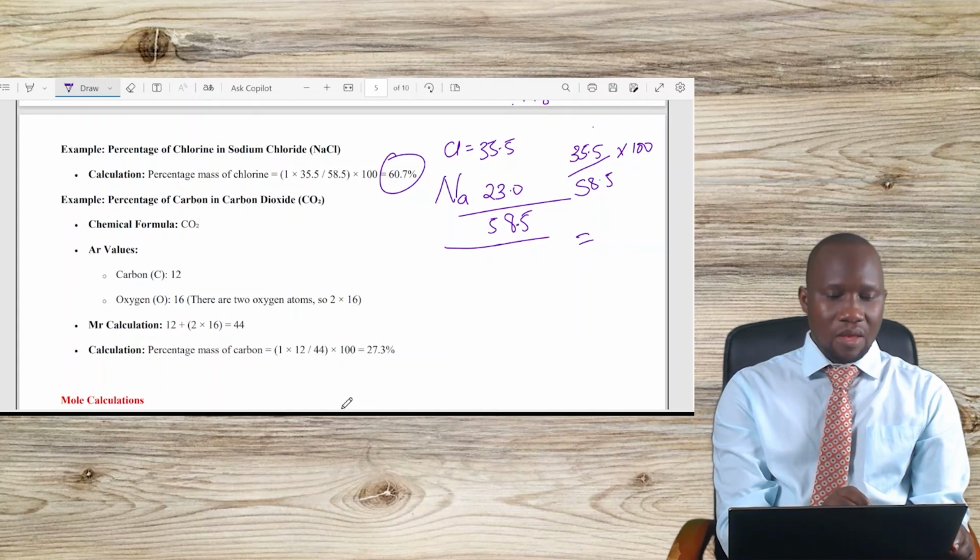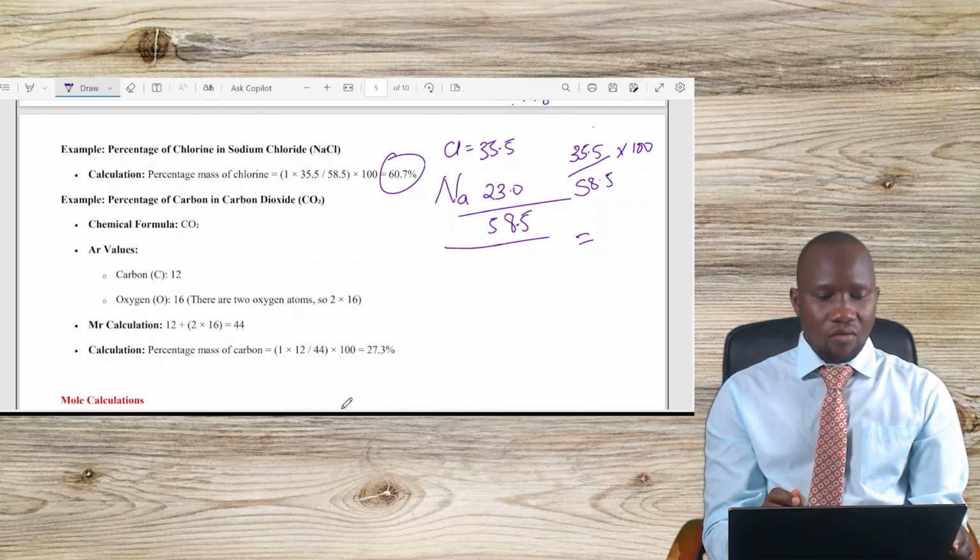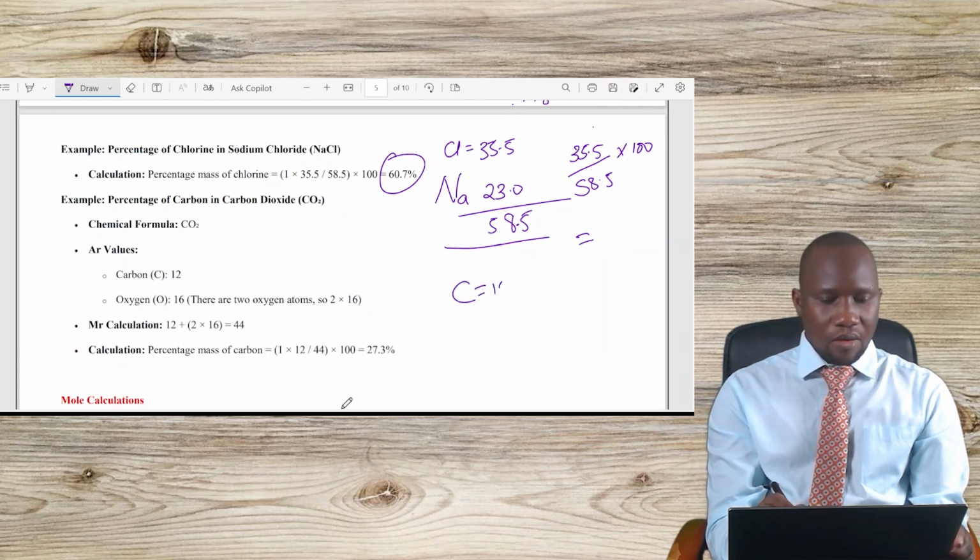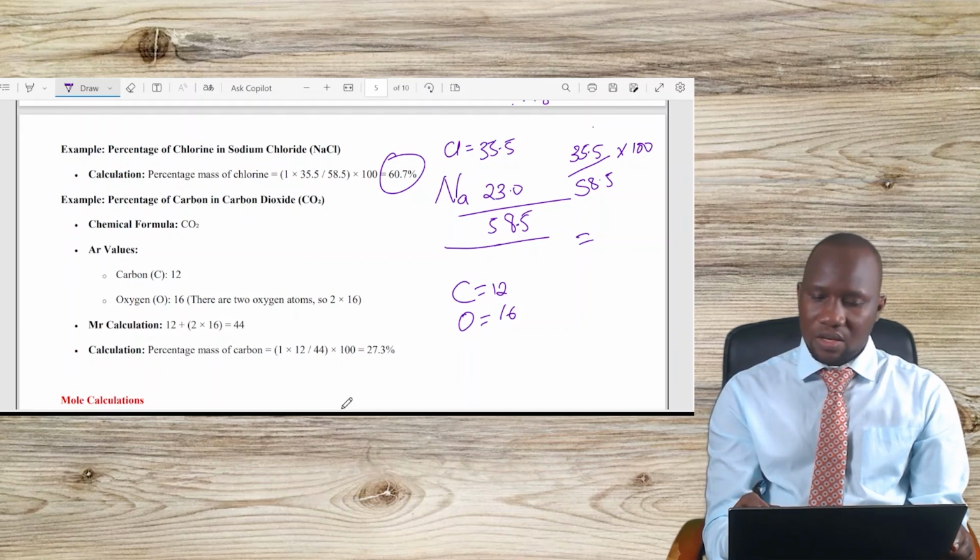So we also can come here. For carbon, we can also still determine that. Carbon is 12, oxygen is 16. So in carbon dioxide, you'll have 12 plus 16 times 2, because the oxygen atoms are 2.